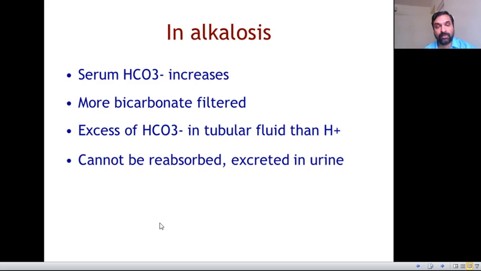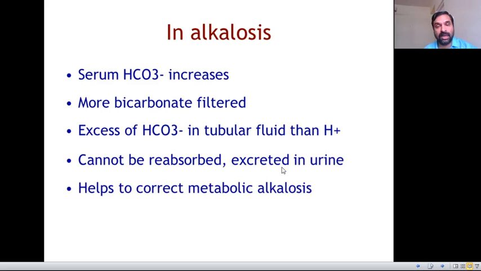So all the filtered bicarbonate cannot be reabsorbed. So some amount of bicarbonate is excreted in urine. And urine will be alkaline, and this helps to correct metabolic alkalosis. If excess amount of bicarbonate is in our body, it is excreted in urine.